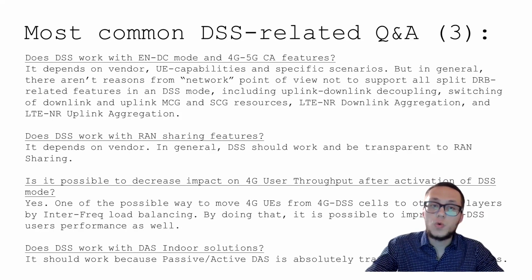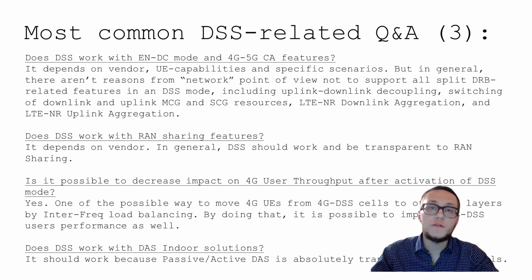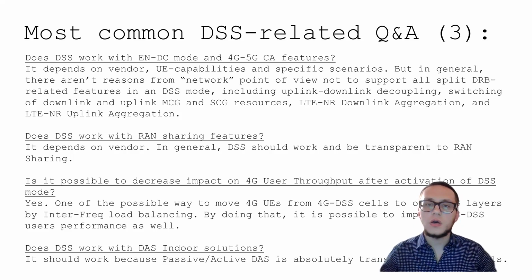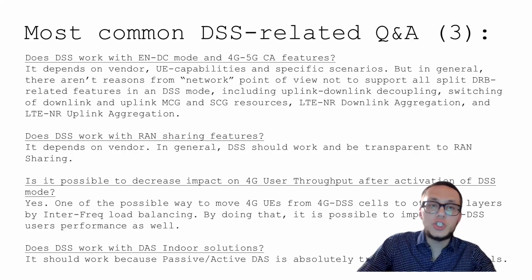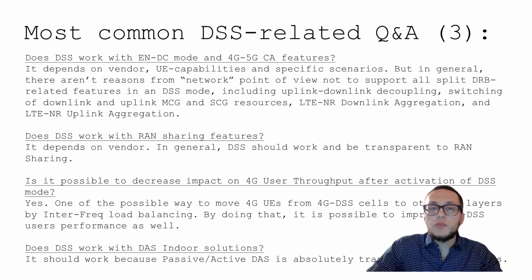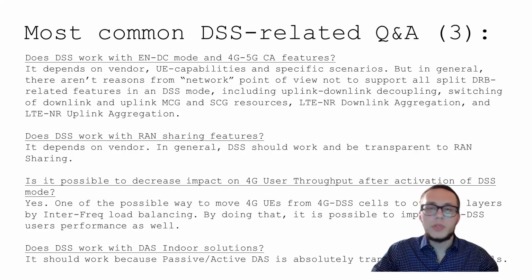Well, does DSS work with EN-DC mode or 5G, 4G carrier aggregation features? Of course, as usual, it depends on vendor. It depends on user equipment capabilities to aggregate some specific scenarios and bands. But in general, there aren't any reasons from a network point of view not to support all of that: split data radio bearers, uplink, downlink decoupling features, switching uplink and downlink resources.